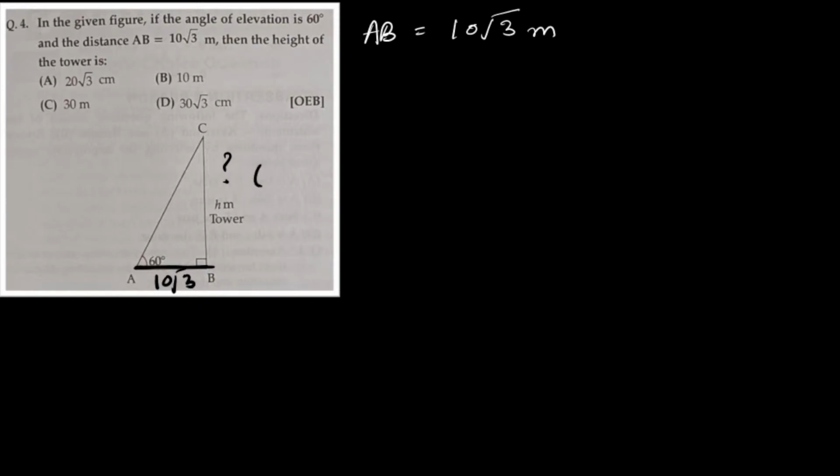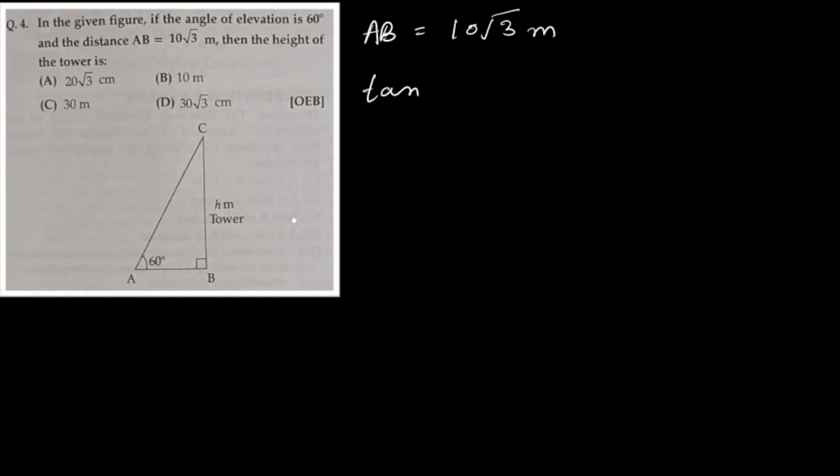Height we have to find, that means perpendicular or opposite, and the base is given to us. Do I have to use cos? No. See, we have to find the perpendicular and the base is given to us. That means we have to use tan theta. Yes, we have to use tan.